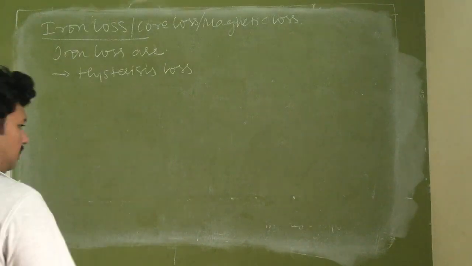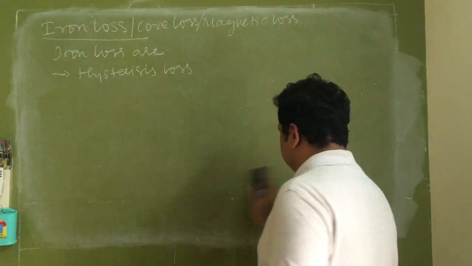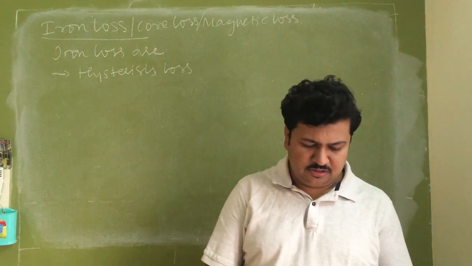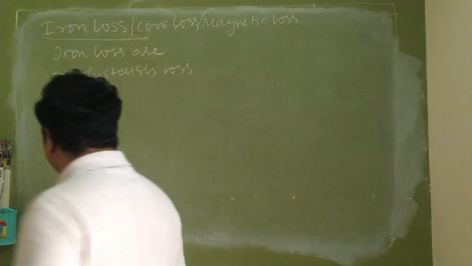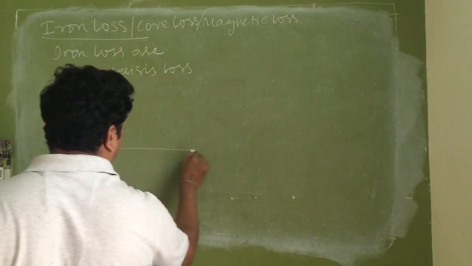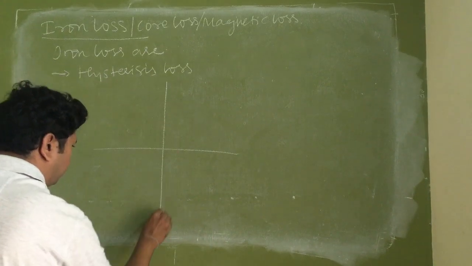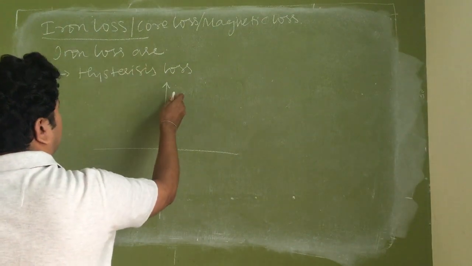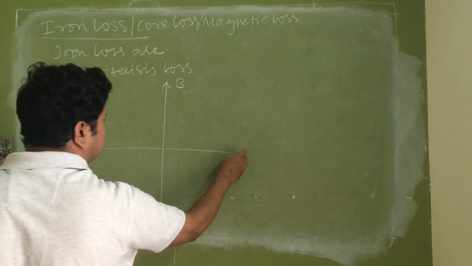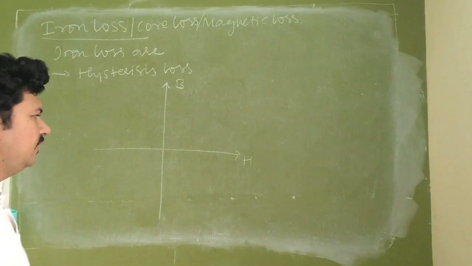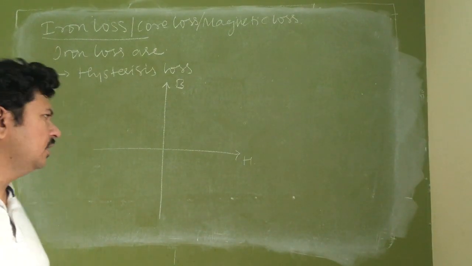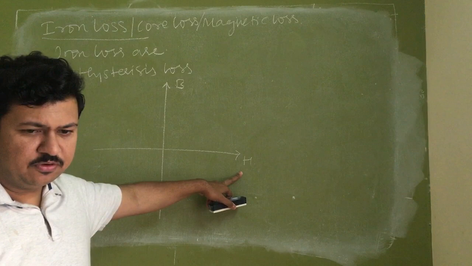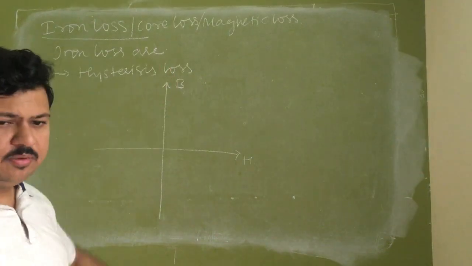When we say hysteresis, a leaf-like structure will come in front of your eye. So when you draw the BH curve for the magnetic material, magnetic flux density against magnetic field strength or field intensity, X-axis is the magnetizing force, Y-axis is the magnetic flux density.